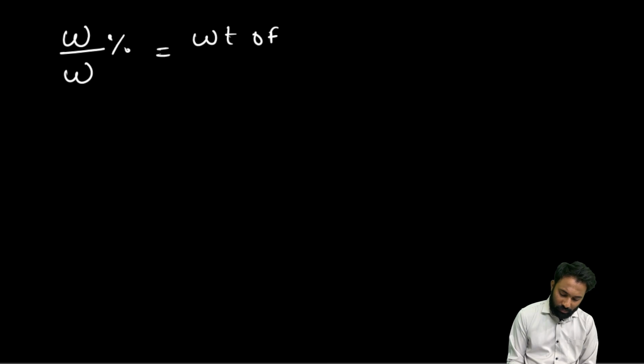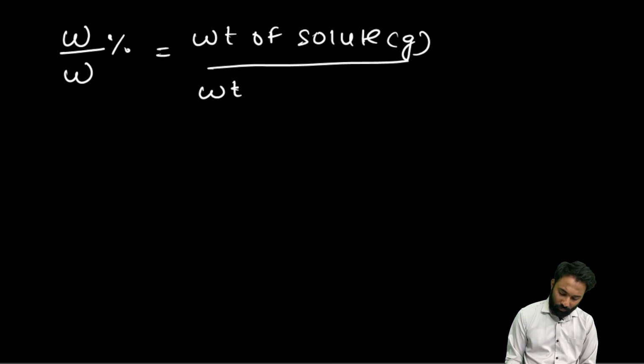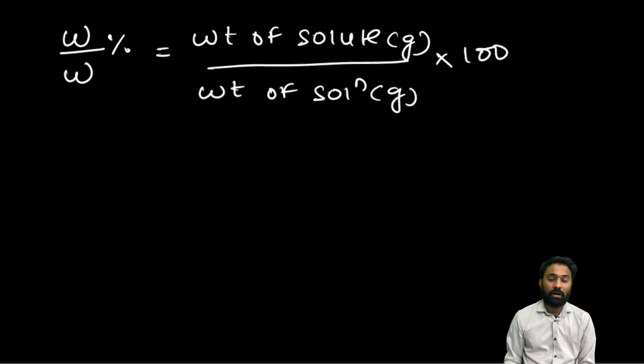Weight of solute in grams by weight of solution in grams into 100. This is known as the formula of weight by weight percentage. Clear?